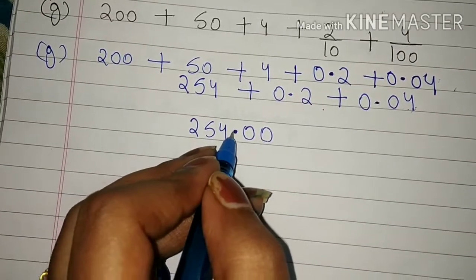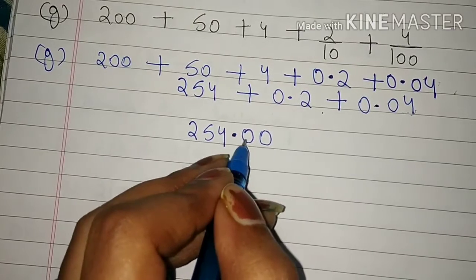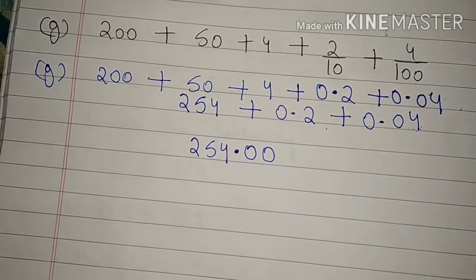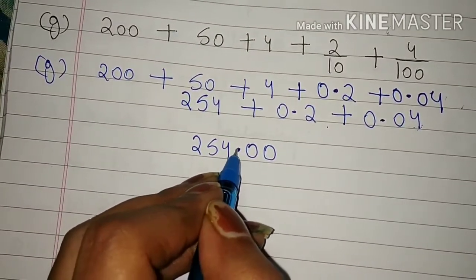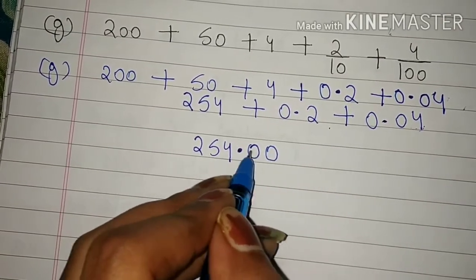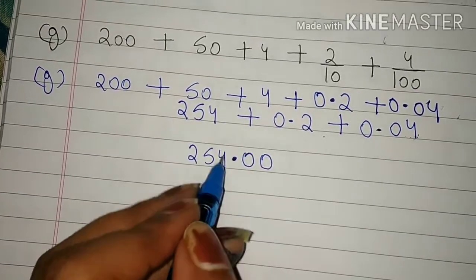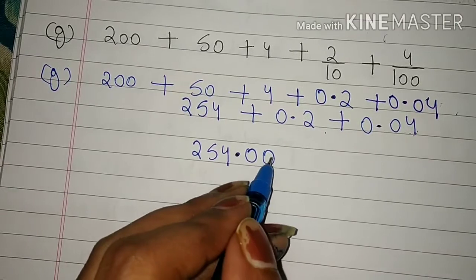Students, we will put a decimal point and write 2 times 0 here, just to make the calculation easy. Students, after a decimal point, there is no value of 0.